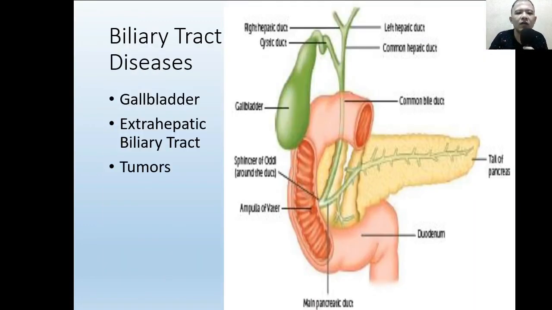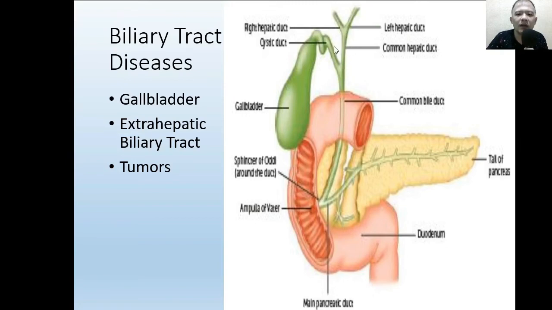So the biliary tract diseases that we'll talk about encompass the following: the gallbladder, the biliary tract, and we also talk about tumors. So, normal anatomy. We have the bile ducts, the hepatic ducts, left and right hepatic duct, merging into the common hepatic duct.